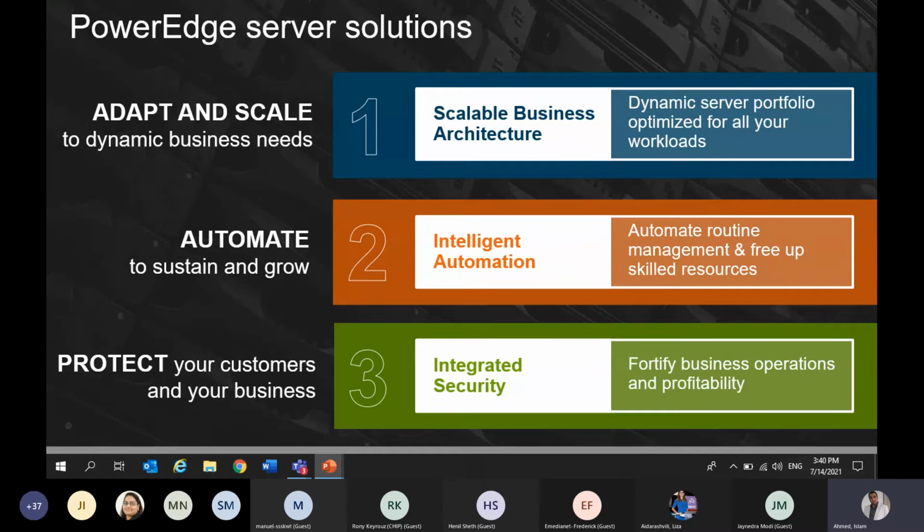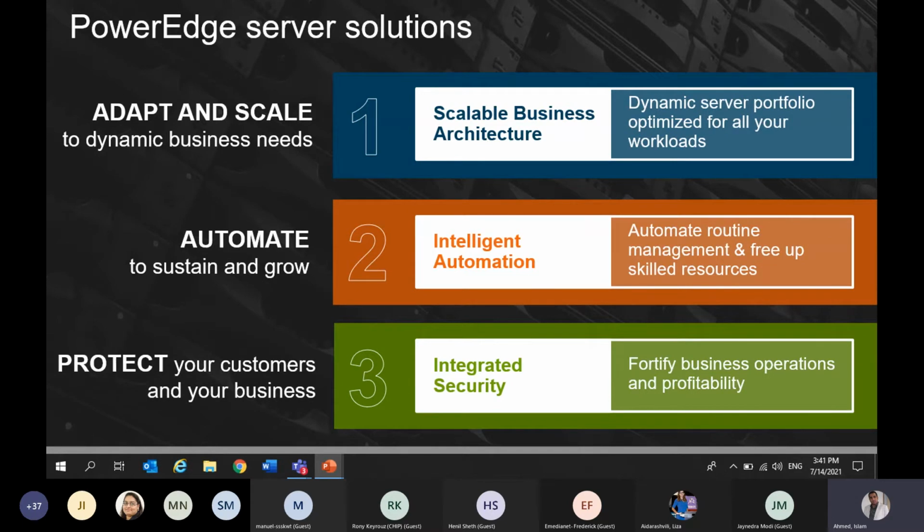So the first one is the scalable business architecture. The scalable business architecture coming from Dell will face the challenge of adapt and scale. Each PowerEdge server is designed on the SBA. That is technology that first and foremost enables the server to be optimized for a multitude of workloads, so it can face different workloads. This makes the servers highly adaptable and enables seamless scaling, yet they perform very efficiently.